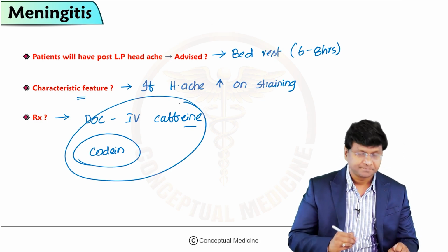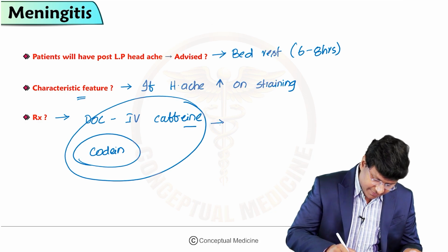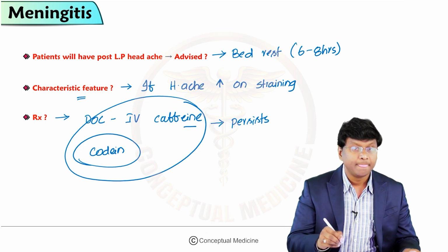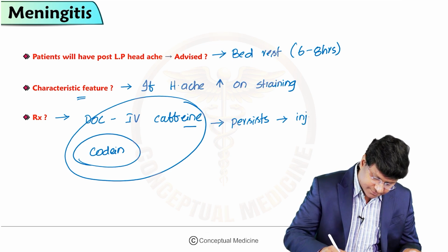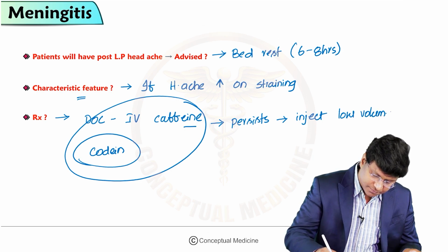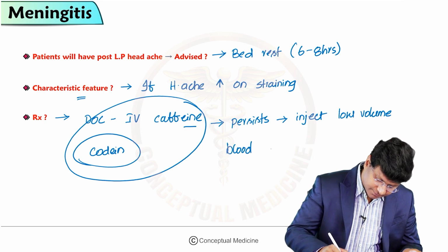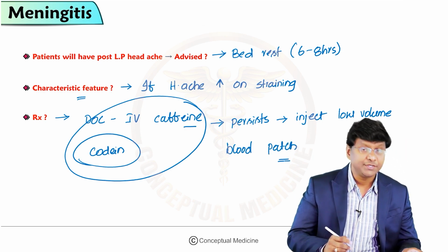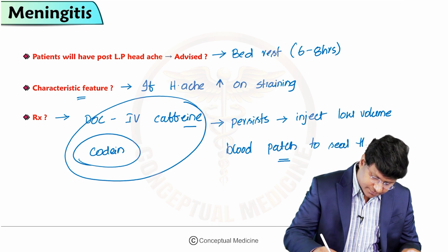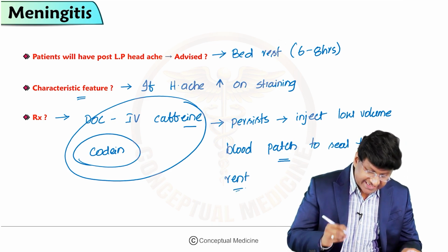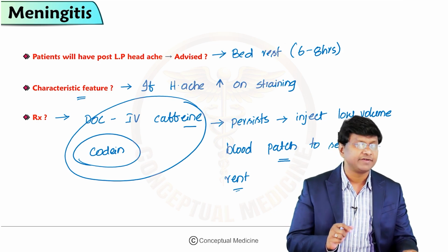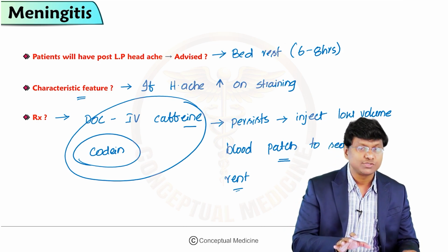In spite of giving caffeine or codeine, if the headache still persists, then you have to inject a low volume blood patch to seal the hole of that subarachnoid space that you have created. So that is about the basics of your lumbar puncture.